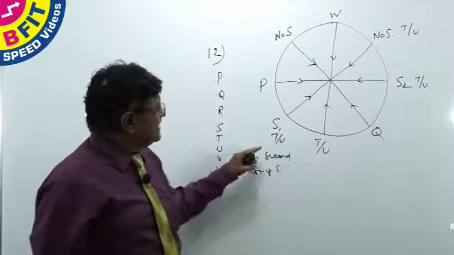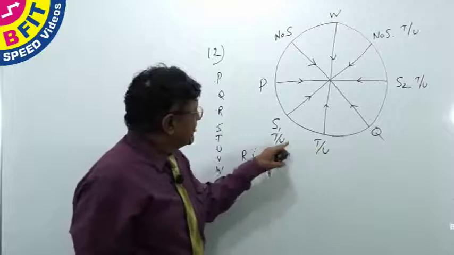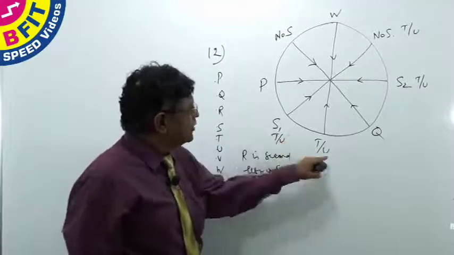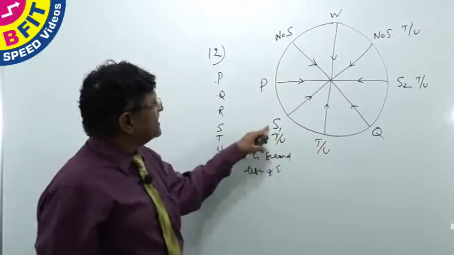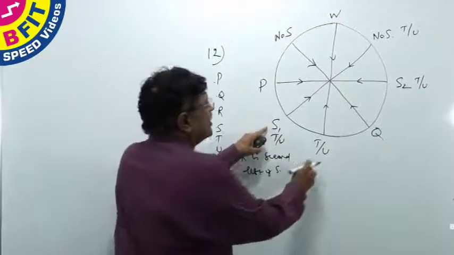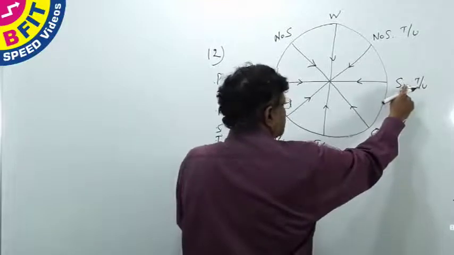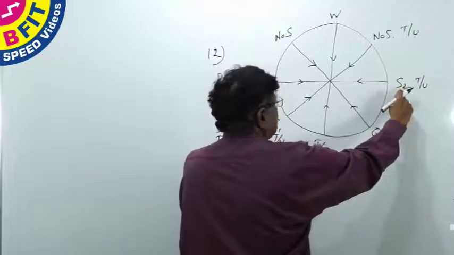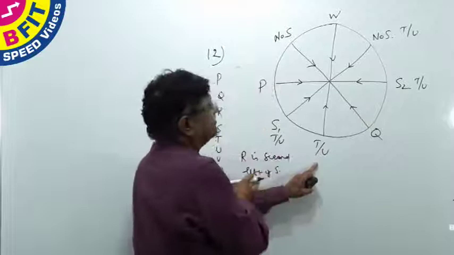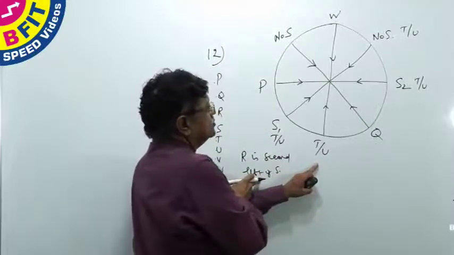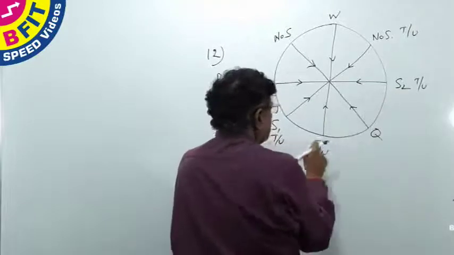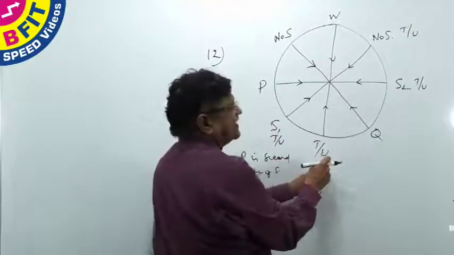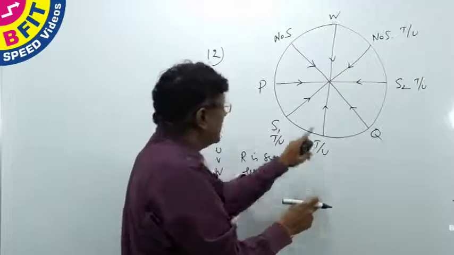Now let us suppose T and U sit here, either T or U, any one of them sits here, then S cannot sit here. So S has to go here. If S position is here, then R has to sit here because he is second to the left of S. Therefore T and U cannot sit here.